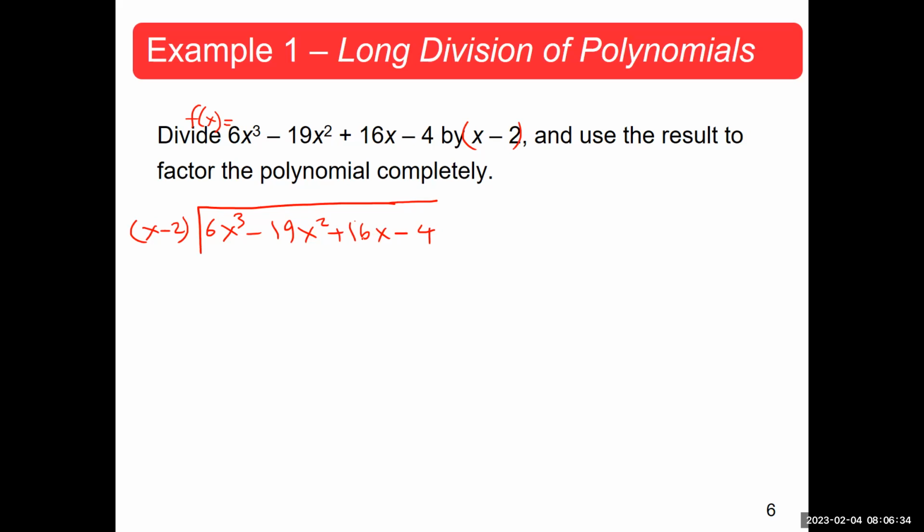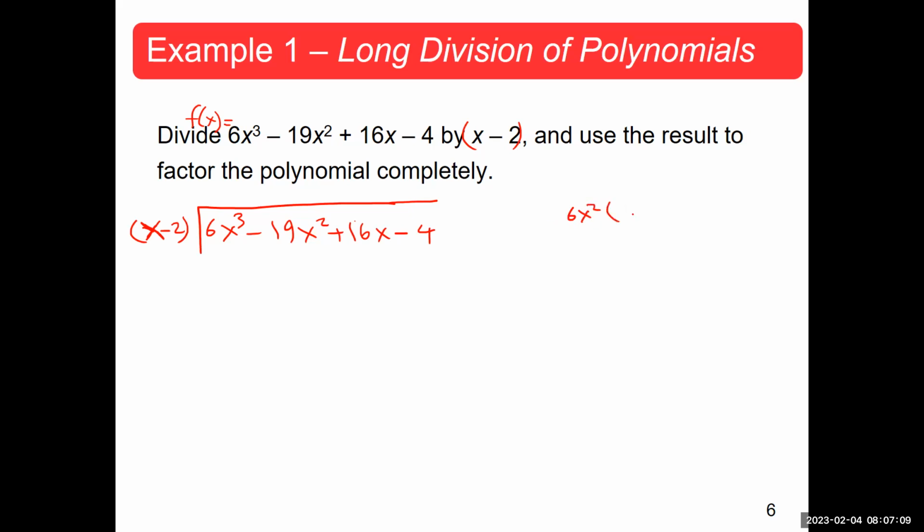What we're going to do now, we need to think of a number. If I multiply this x here, I can get 6x cubed. So what is that number? How about 6x squared?